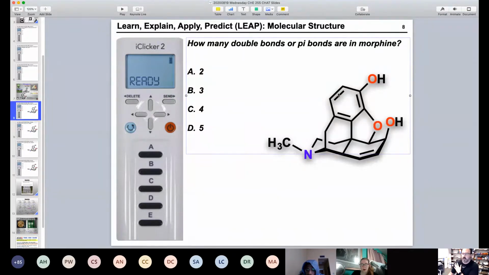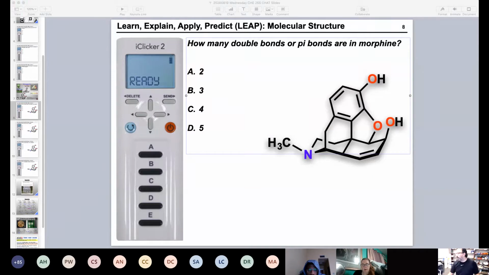So notice in this ring, how many carbons are in this ring? So there's 6 carbon atoms in that ring. There's 1, 2, 3 double bonds in that ring. That ring itself is a functional group, and it's called benzene.